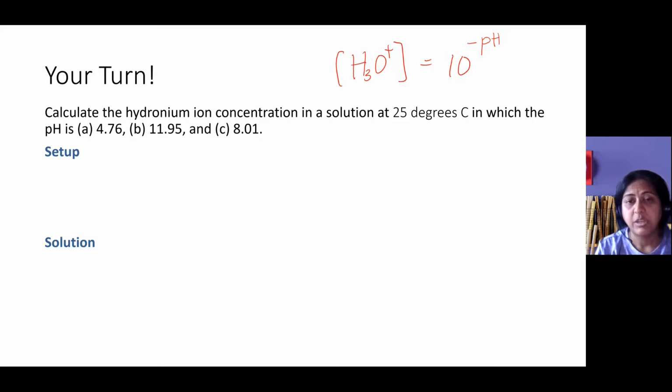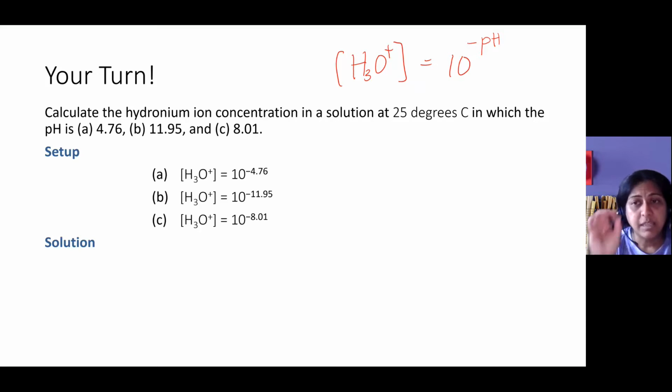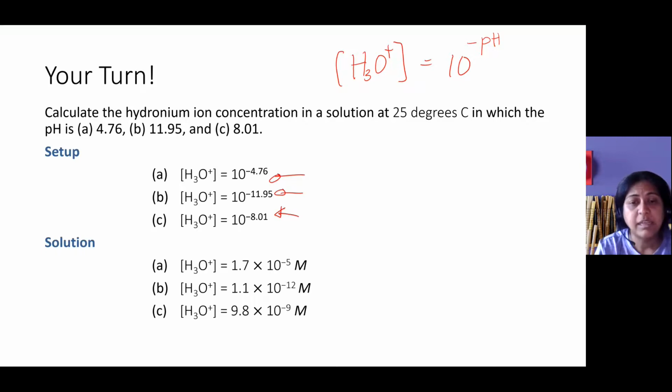So we can plug the given pH values for 3 different conditions, and then we'll calculate the H3O+ concentration. Again, you need a scientific calculator to do these operations.